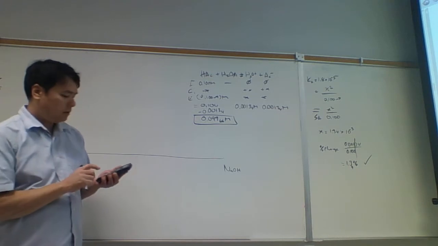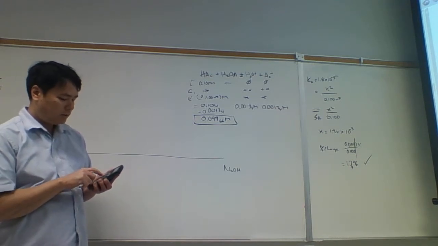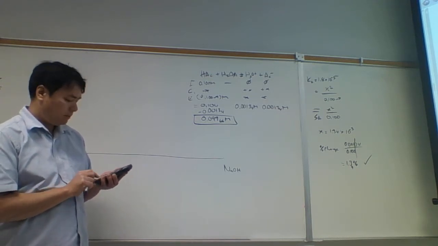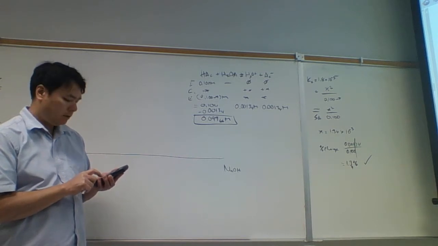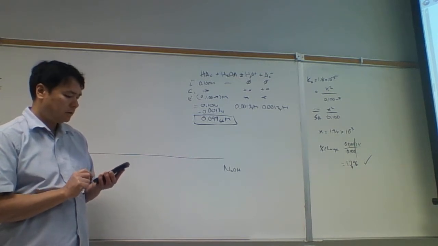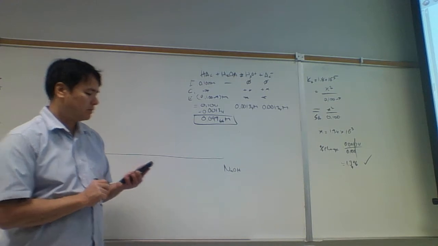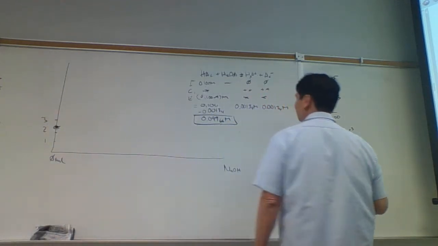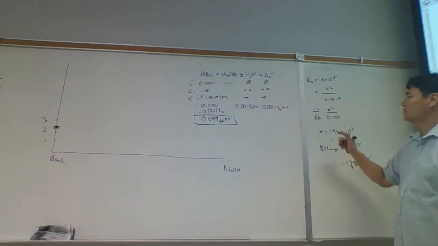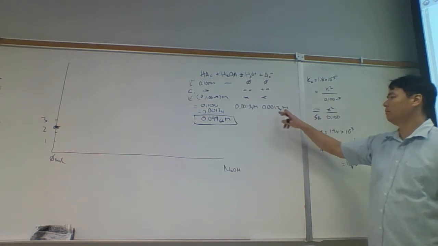All right, so let's just go ahead and double check these. So I'm just going to square that divided by 0.09966. Using 1.8 times 10 to the minus 5, 1.81, 1.0806. So it's okay, the double check's okay.